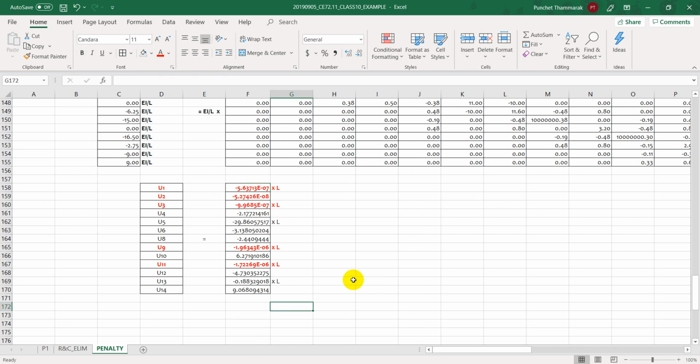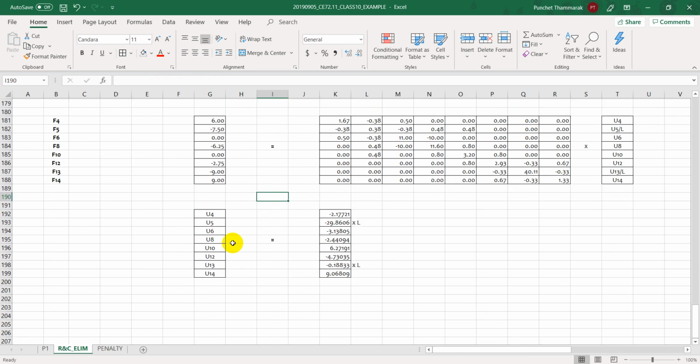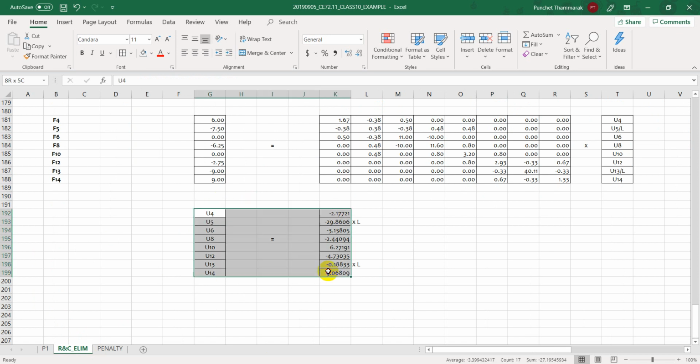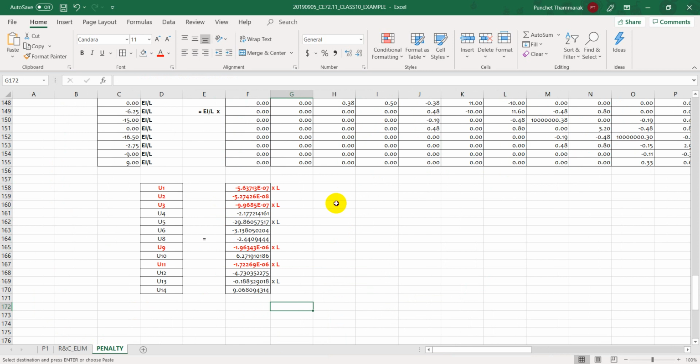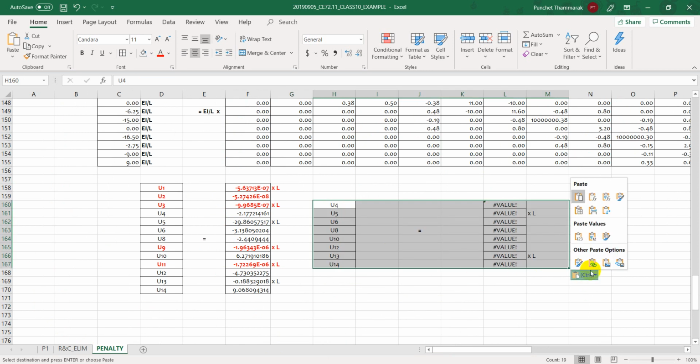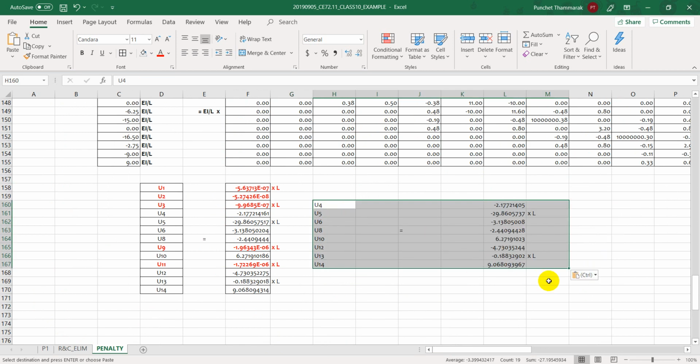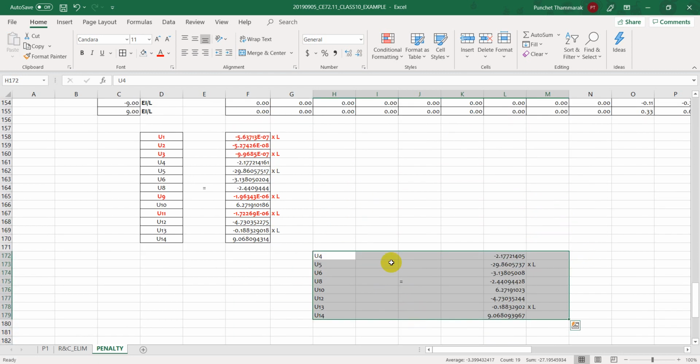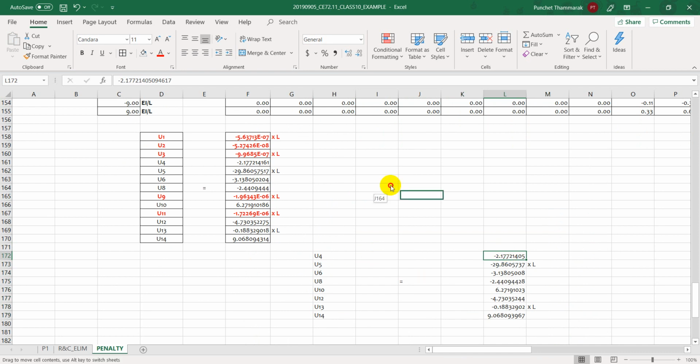And now we would like to at least take a glance at the solution we obtained from the row and column elimination before. So I will take this and put it there. Here. Okay. Let me. This U4. So I put it there side by side.